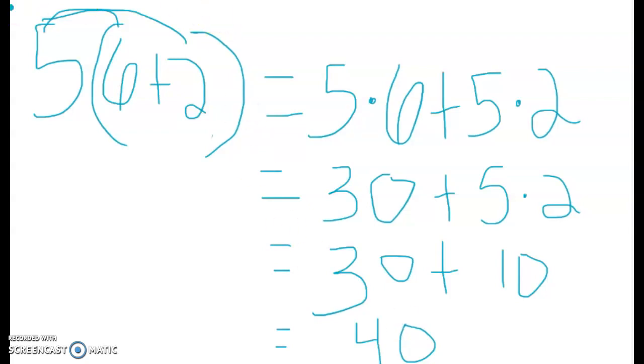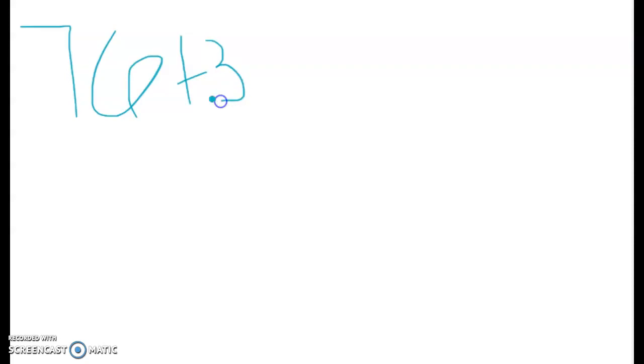Now we're going to do one more problem, so let's erase our boards. The last problem we're going to do is 7 times (6 plus 3) equals. Make sure we have our equal sign.